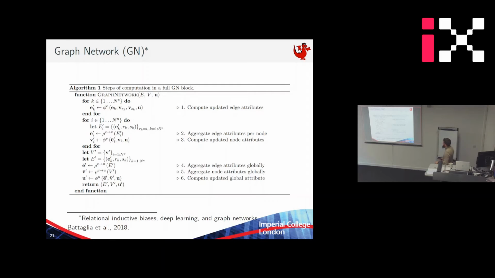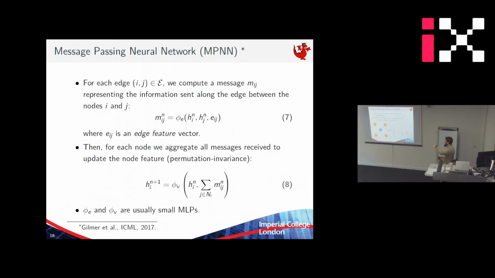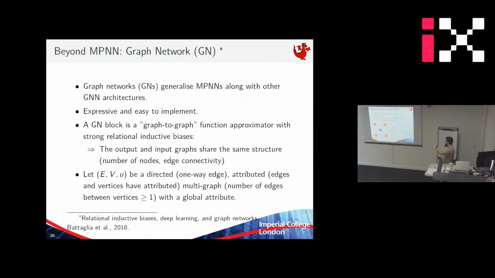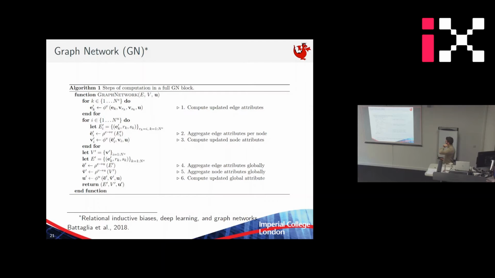And then you will now compute the update of the node. The way you do that is you take into account the sum of the messages. Keep in mind that in the MPNN setting, this would be the sum of the messages. The node that you're updating, this is the h_i over here, so you have the sum of the messages, h_i, and then the global attribute.